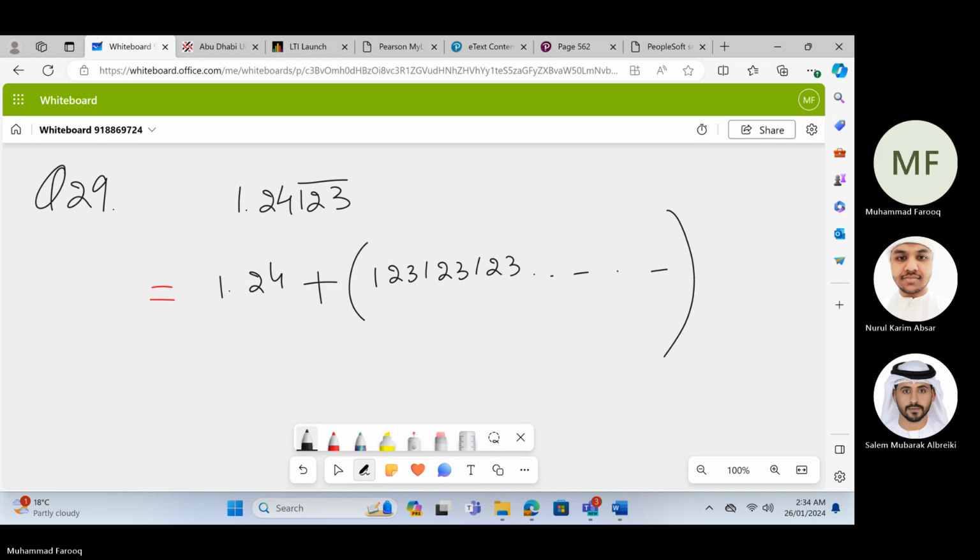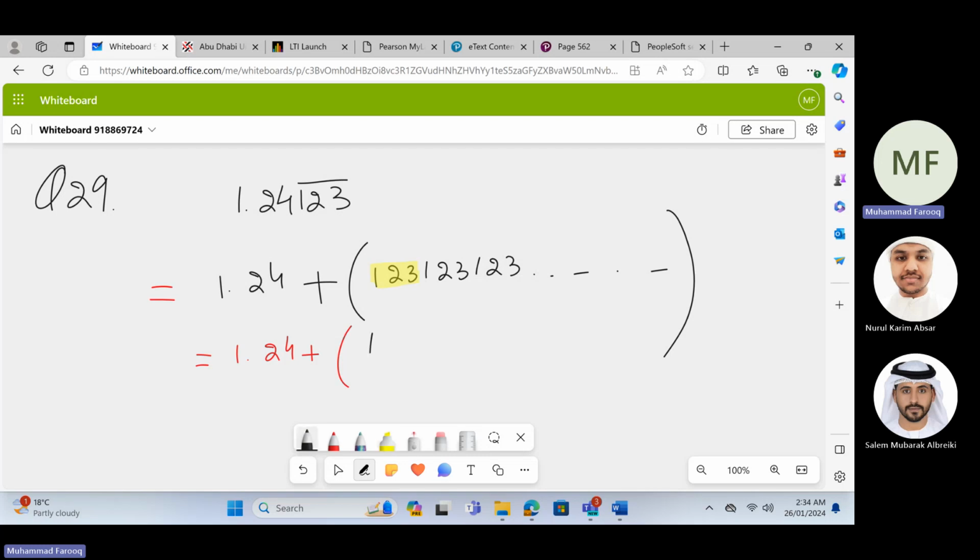After that, 1, 2, 3 over 10 power 3. Now we have to check: 1.24 plus my first group 123. To reach my first group, how many decimals do I have to move? 1, 2, 3, 4, 5.